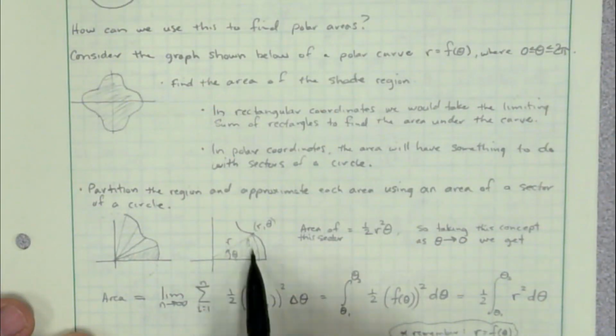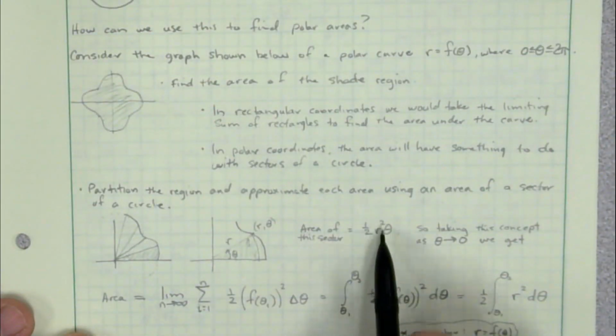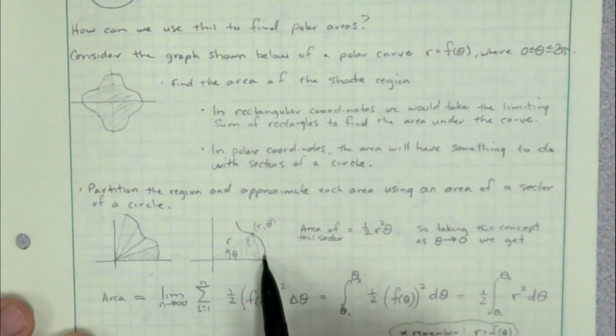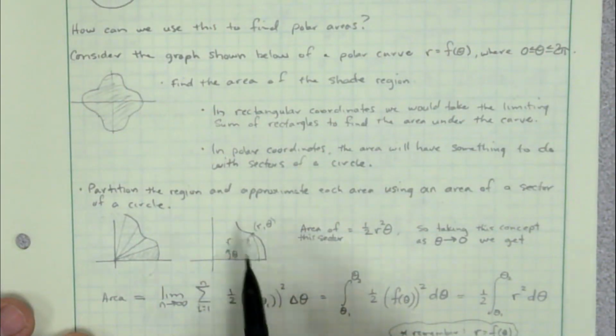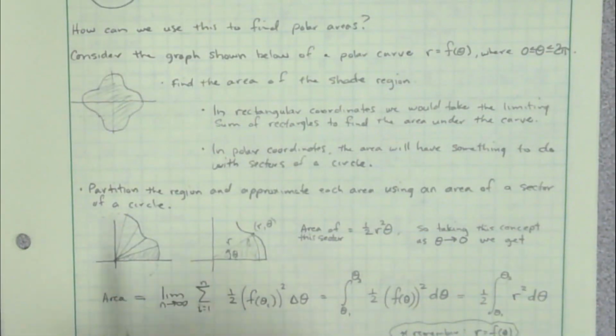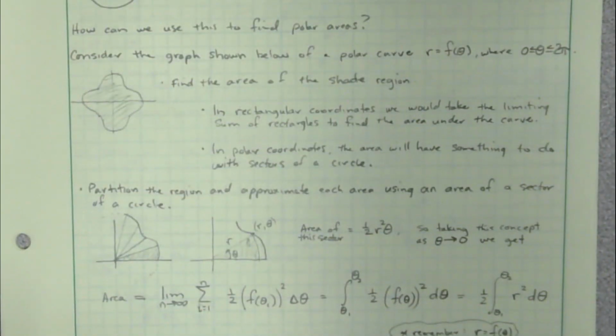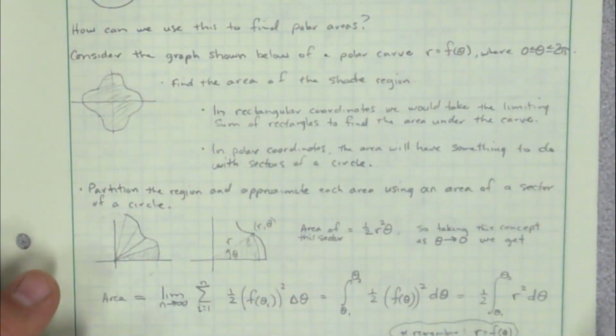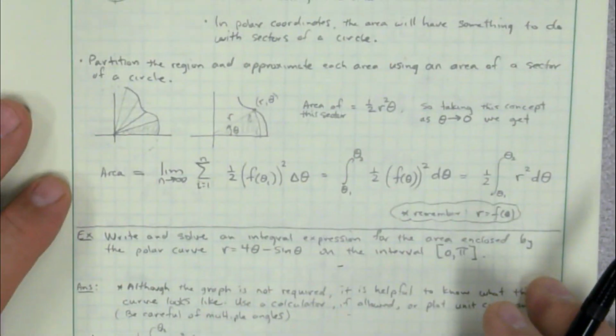And the area of that sector is 1/2 r squared theta. And you can see that it's not exactly the same amount. It's an approximation. Using the same concept, if I take this to extremes, in other words, if I make this angle smaller and smaller, I'm going to partition this region into thinner and thinner little sectors. This allows me to take the limit as n goes to infinity, which is what we did for rectangles.